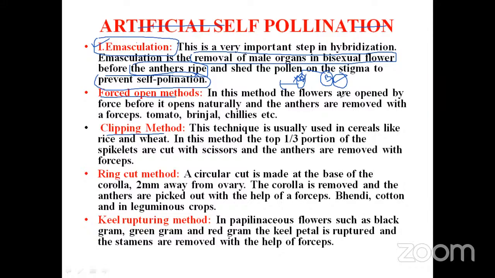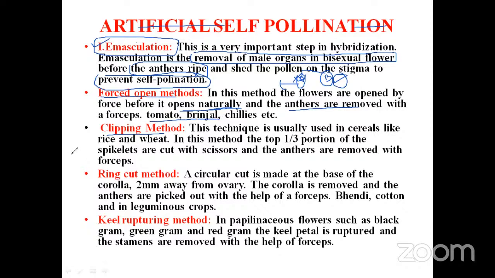In the forced open method, the flowers are opened by force before they open naturally. Before the flower opens, we can open it forcefully with the help of forceps and remove the anthers. This is the best example in tomato, brinjal, and chilies.